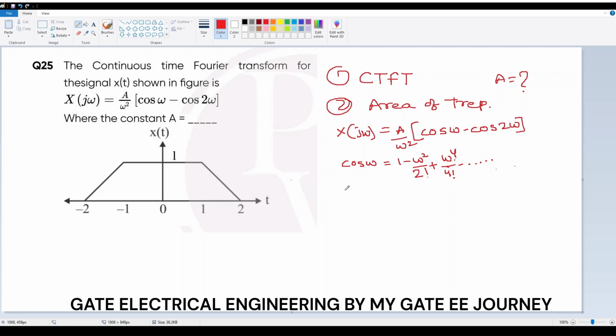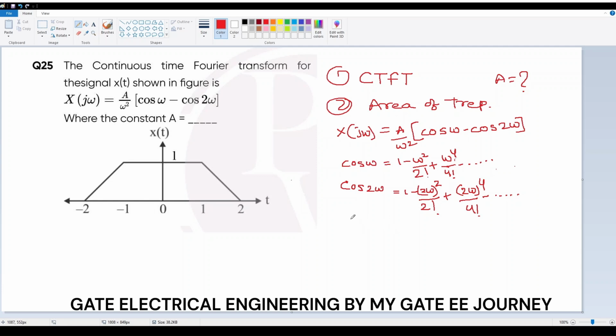At the same time, what is cos 2 omega? Just replace omega by 2 omega: 1 minus 4 omega square by 2 factorial plus 16 omega to the power of 4 by 4 factorial and so on.